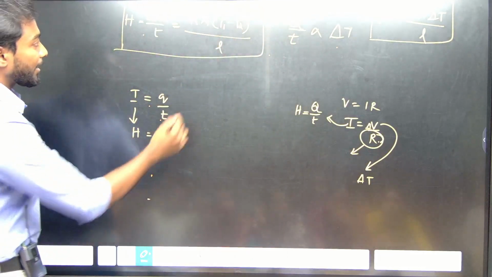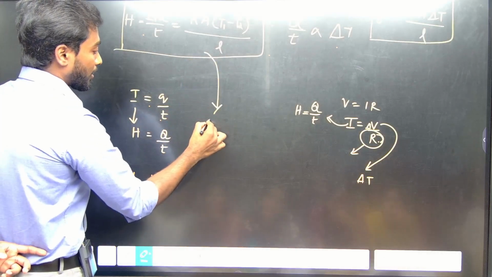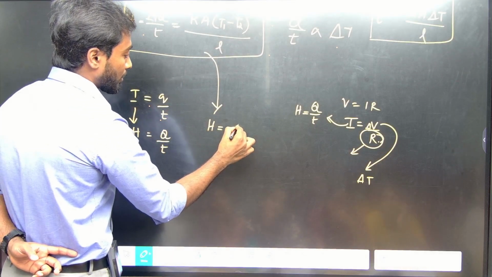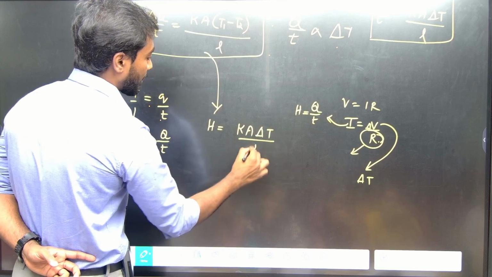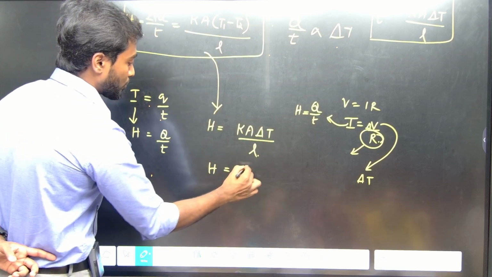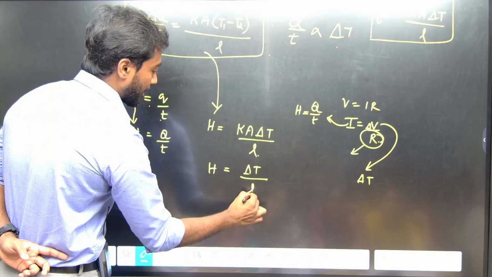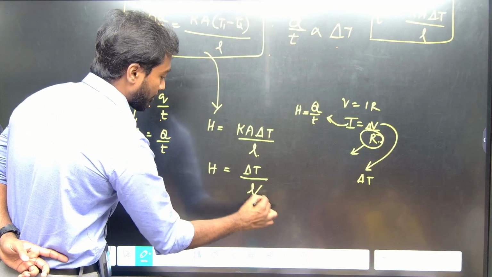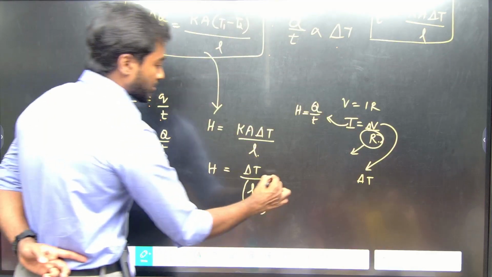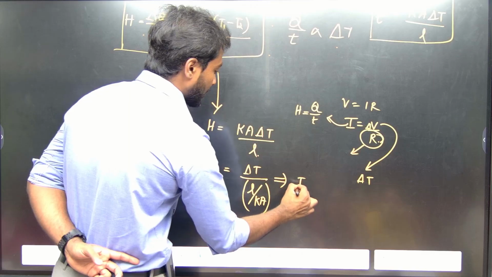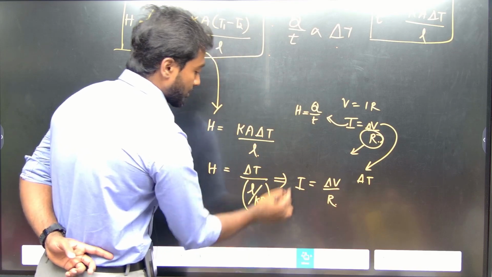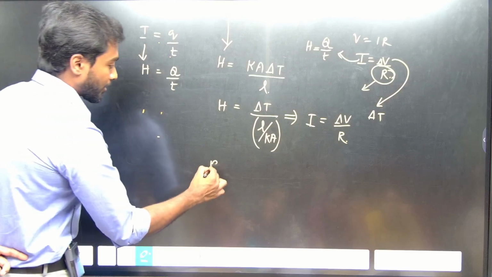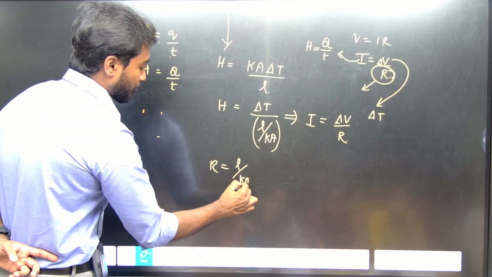So I can rewrite this formula. H is equal to K A delta T by L, so H is equal to delta T by L divided by K times A. Which is similarly looking like I is equal to delta V by R. So from this, R is nothing but L by K A.